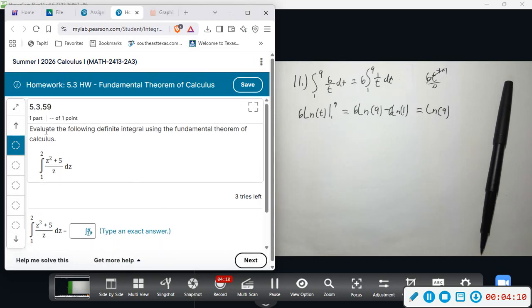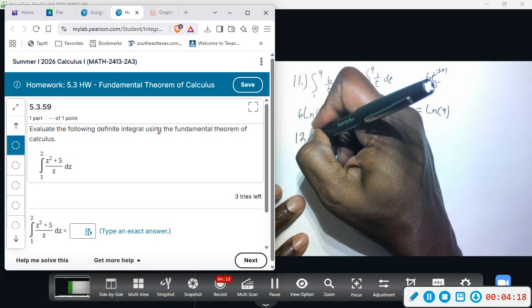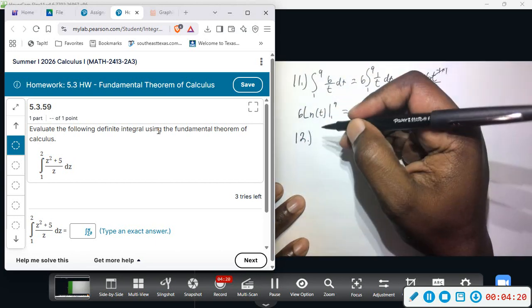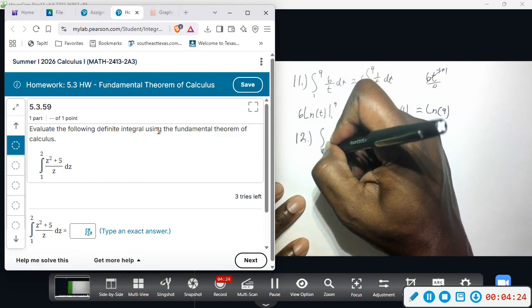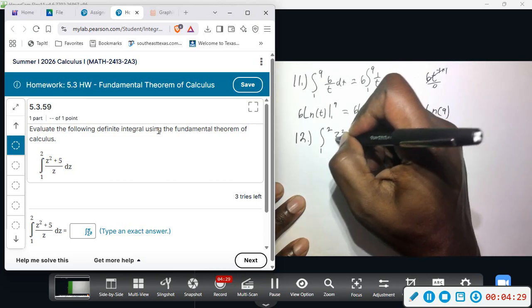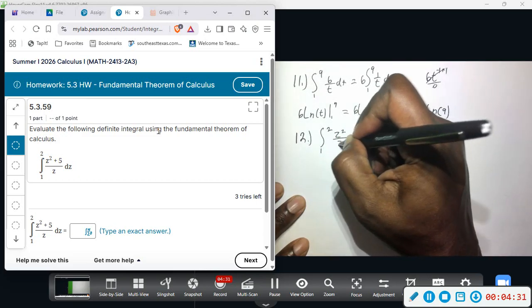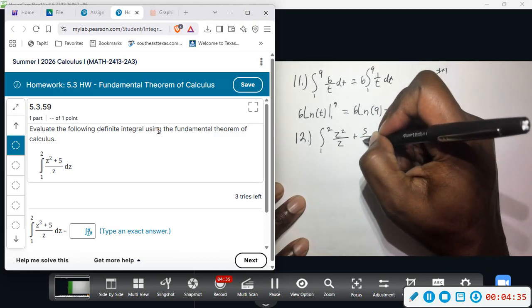All right, we're going to evaluate this one using the fundamental theorem of calculus. One to 2. Now I'm going to write both of these divided by z so we can see it a little bit better what to do.